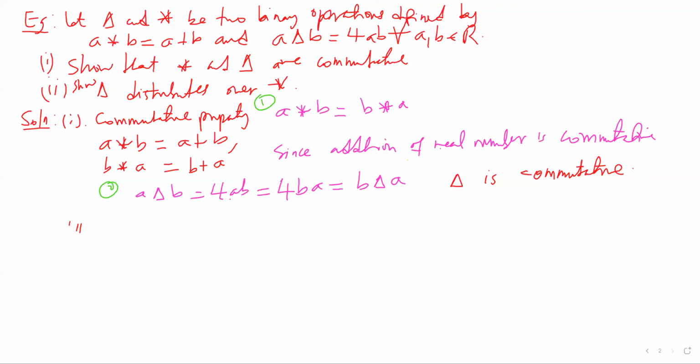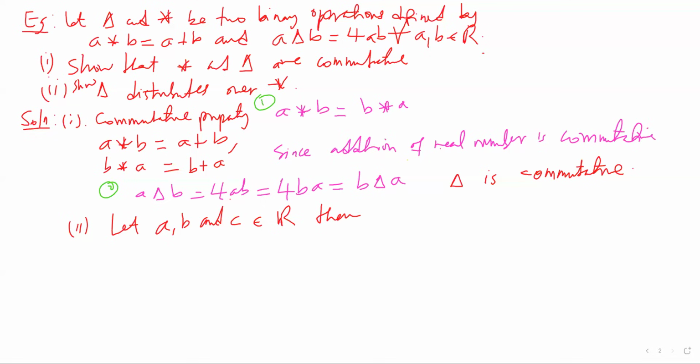Now, the second part, where we want to show the distributive property. So we take 3 elements, A, B, C, which are real.